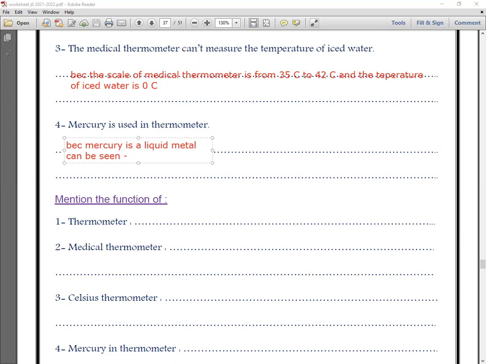Number 2, it's a good conductor of heat. Number 3, regular expanding material.